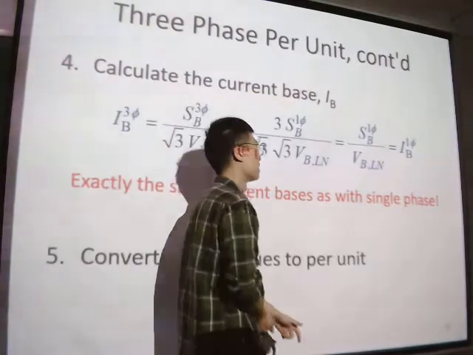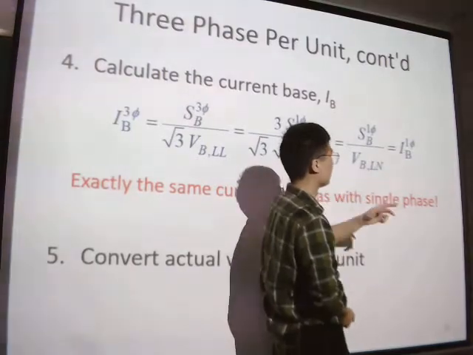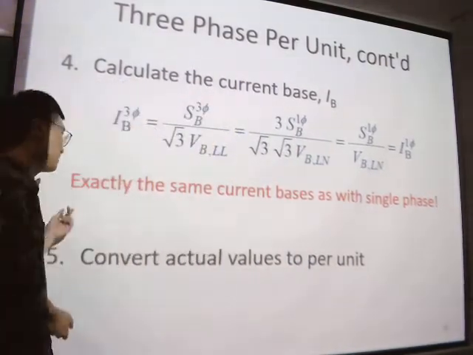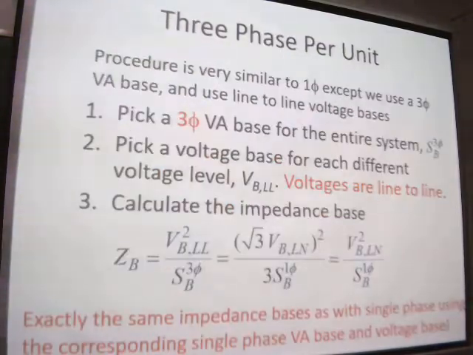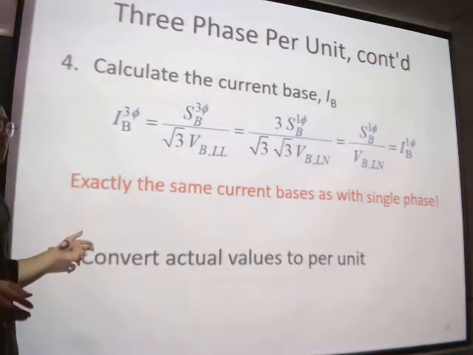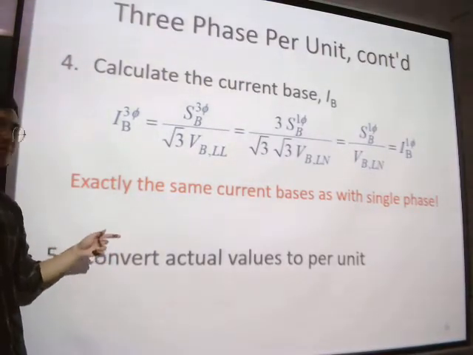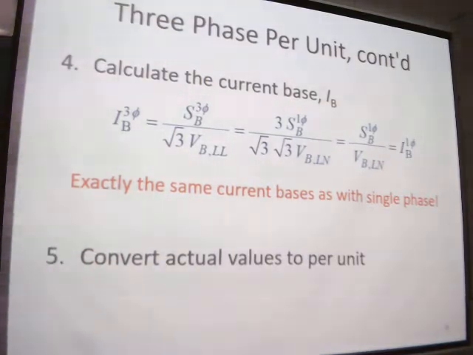So it will also be the complex power of single phase divided by the phase voltage. So you see that's identical for this situation. The 3-phase impedance and current bases are the same as the corresponding single phase, the same formula compared with the single-phase system. So kind of easy, right?